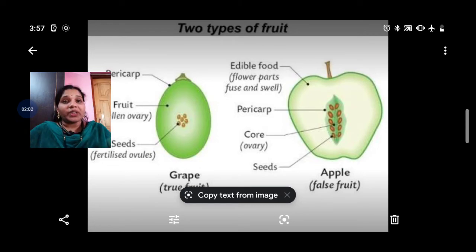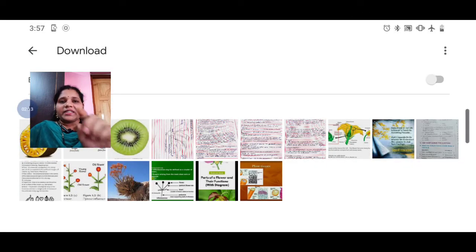After maturation, those undeveloped seeds come inside the fruits as they were arranged. So, what is the definition of placentation? The arrangement of placenta inside the ovary is known as placentation.